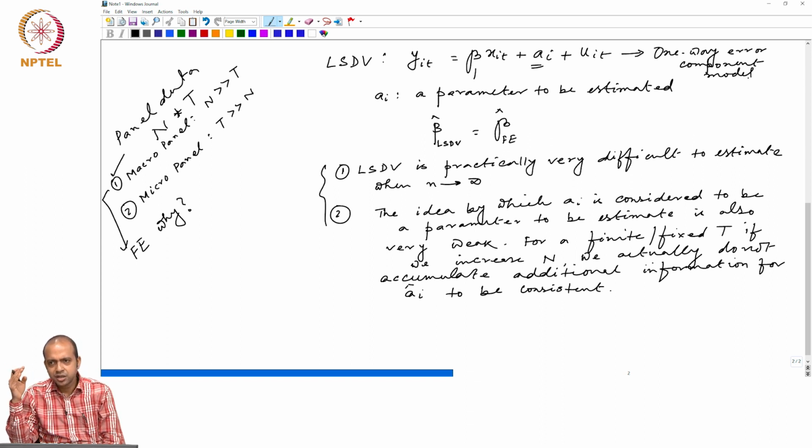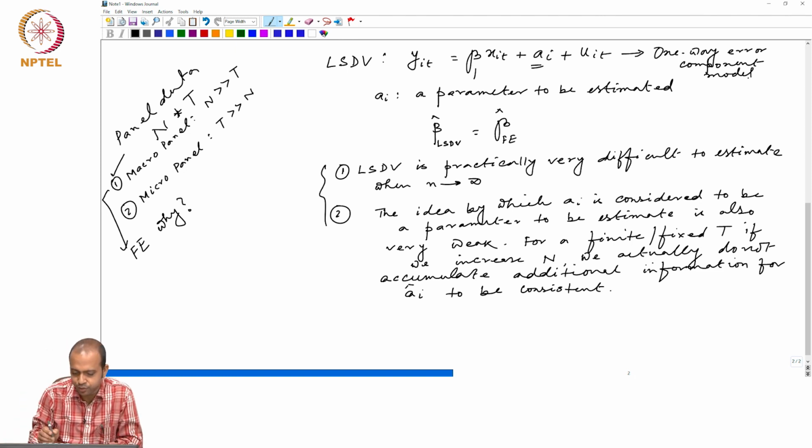So obviously 2016, 2017, 18, 19 will be quite different from 2010, 11, 12, 13 and 14. In that context, when you feel that there might be some kind of year specific or time heterogeneity also, then it is better to include one time specific factor in the model and make it a two-way error component model.